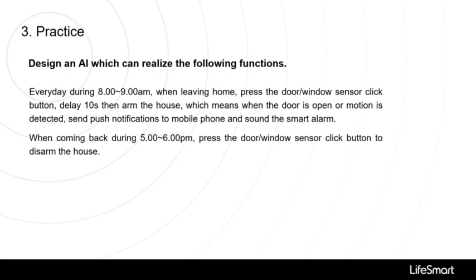So we can design the arm status of the house firstly, and then we just use this arm status or the arm AI in these two cases, and then we can very easily realize these two AI at the same time.